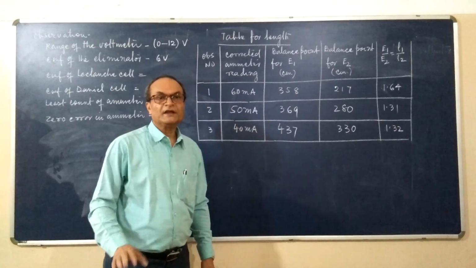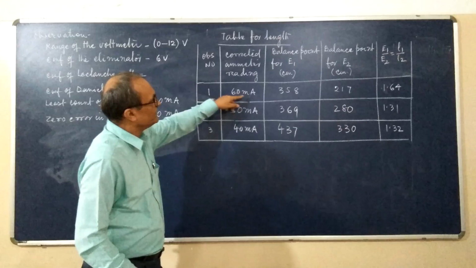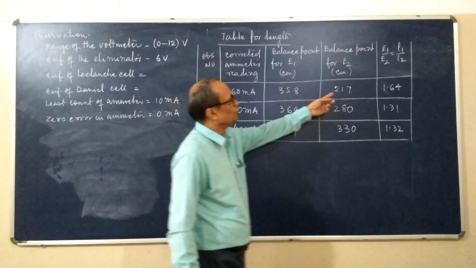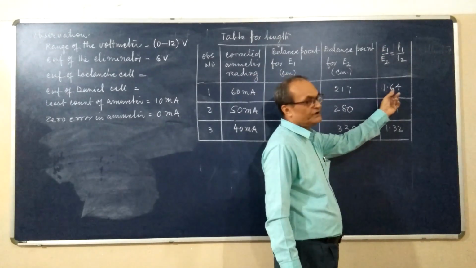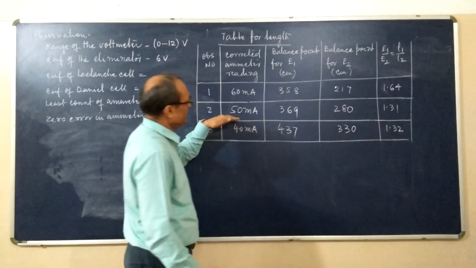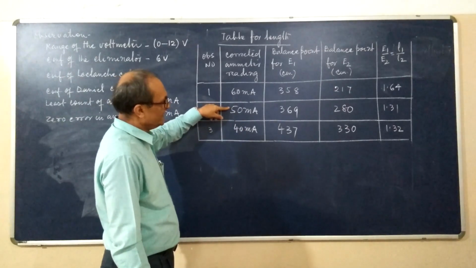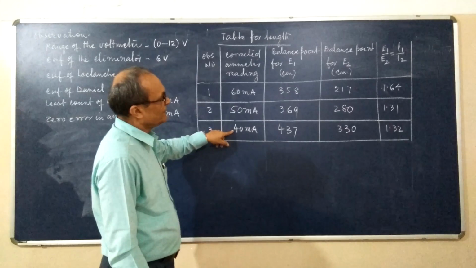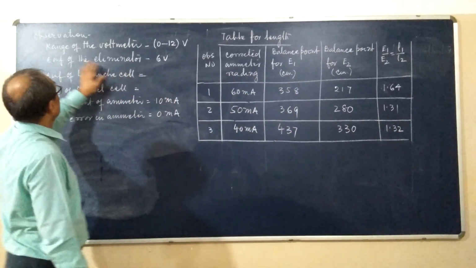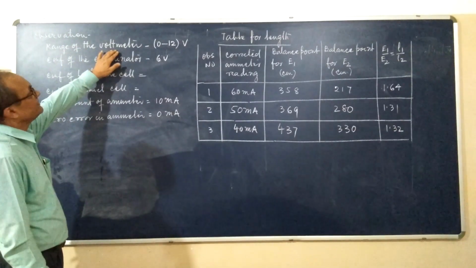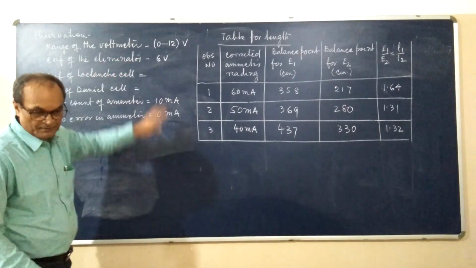Now we have repeated the experiment. For the first observation, for 60 milliampere, L1 is 358 and L2 is 271, and E2 is 1.62. Similarly, we have taken two more observations for 50 milliampere and 40 milliampere, and we will find these readings. Here are those observations. The range of the voltmeter is given.